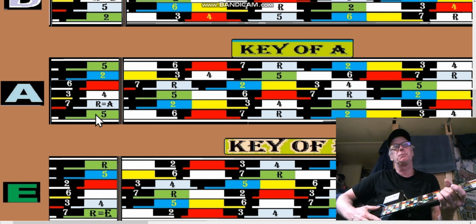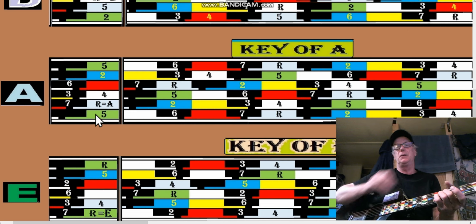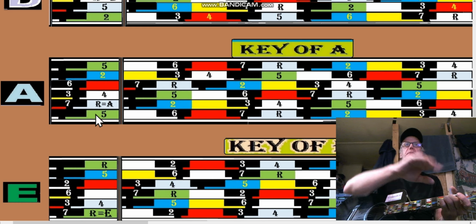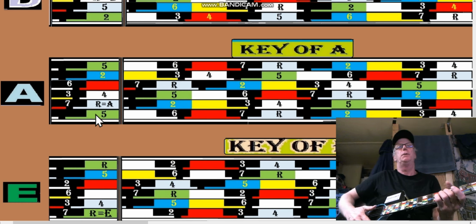That's a suspended fourth, seventh, because it's going to cadence and kick itself right out of A there, obviously into the key of D.